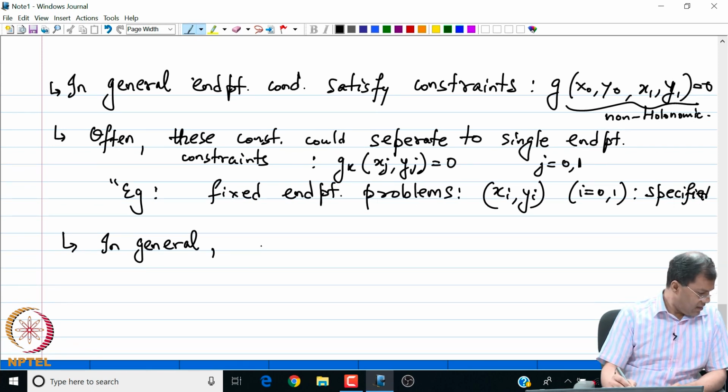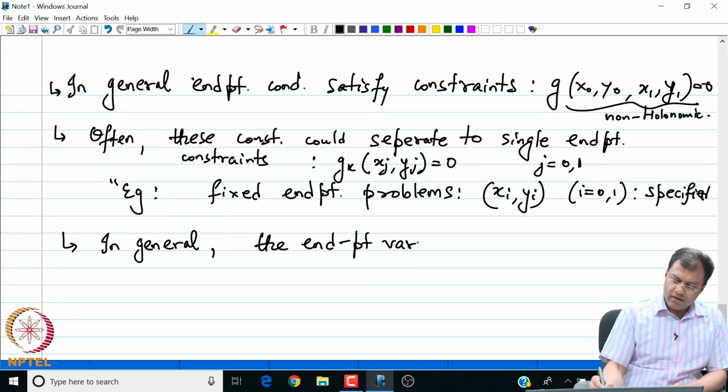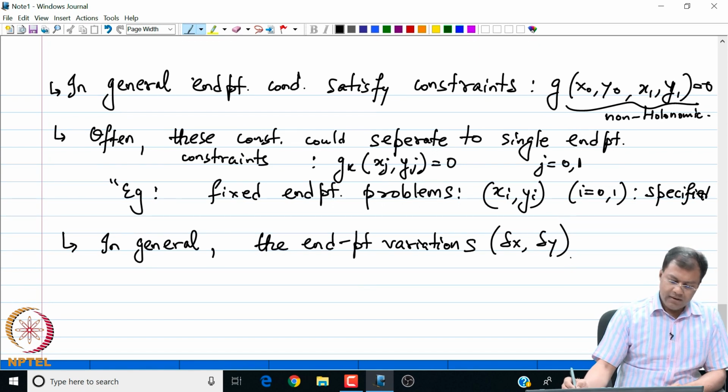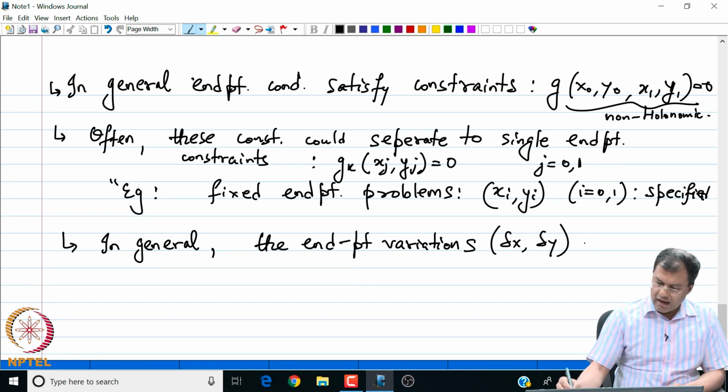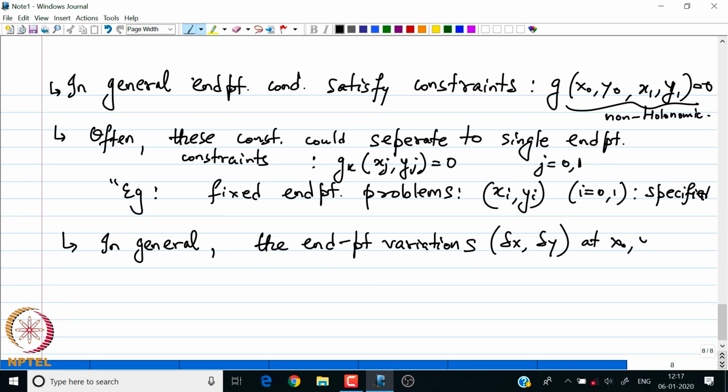So, in general, the endpoint variations, when I say endpoint variations, I am talking about delta x and delta y, right. The endpoint variations at x naught, y naught are not related to the endpoint variations at x1, y1.